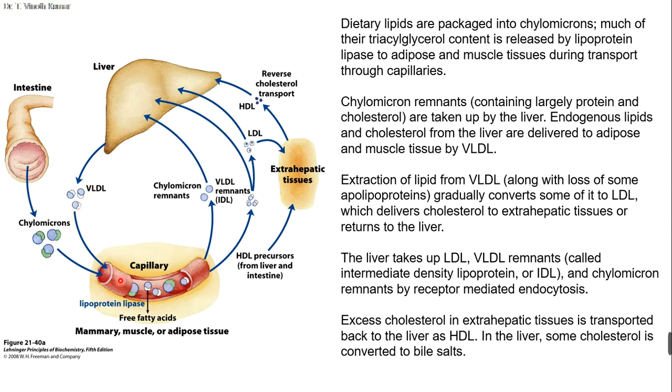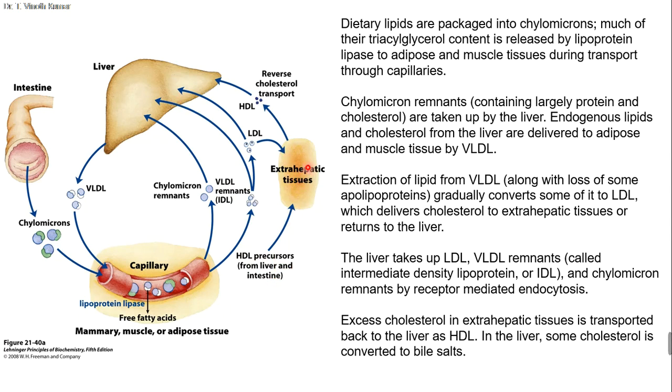This VLDL comes to the capillary again and releases free fatty acids by the action of lipoprotein lipase and forms IDL, that is intermediate density lipoprotein, and in between this will form LDL. This LDL also binds with the liver and is metabolized further in the liver.